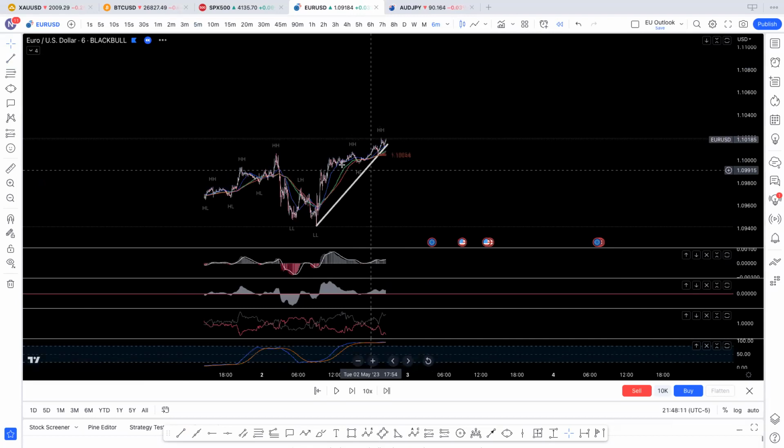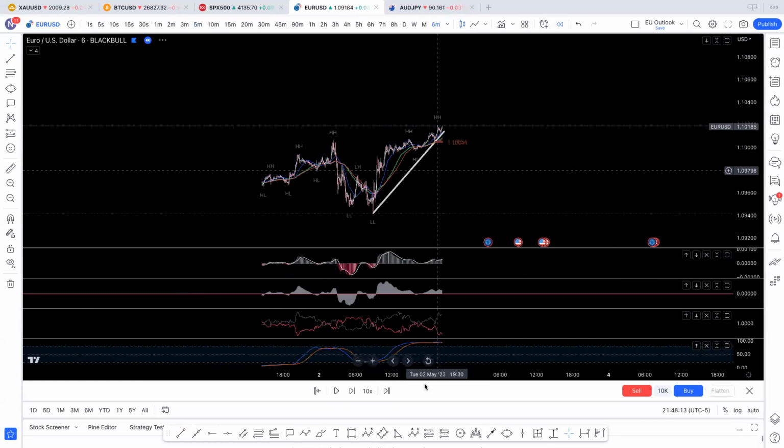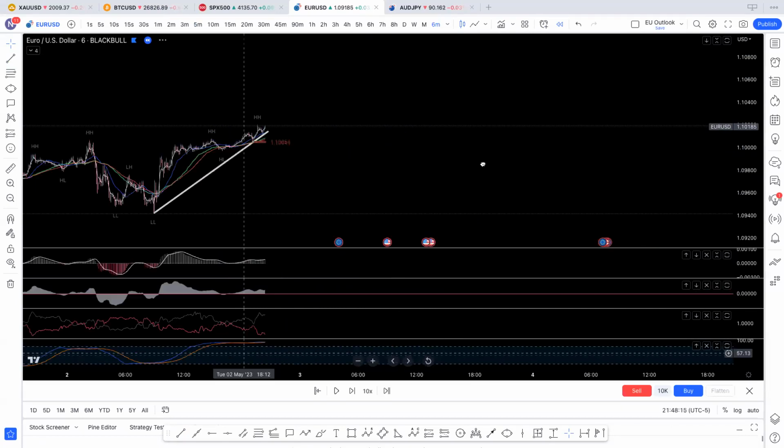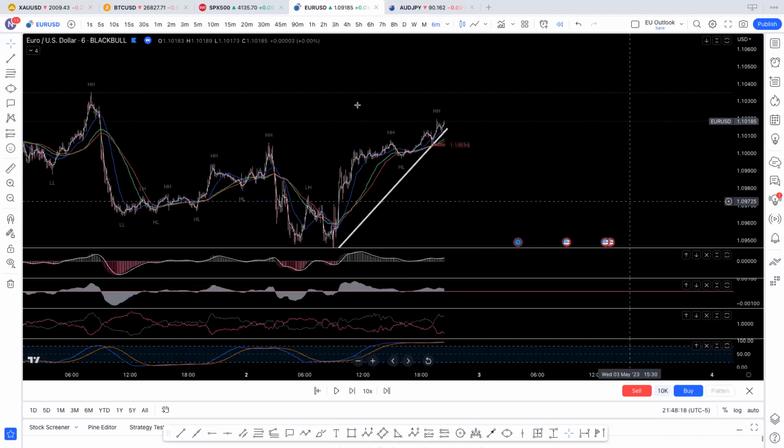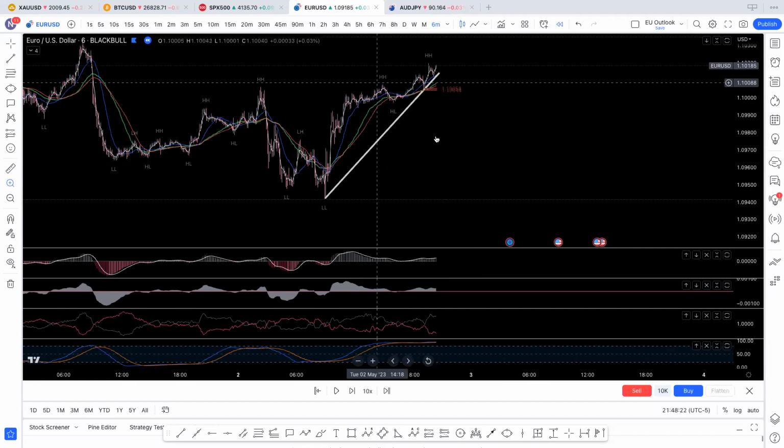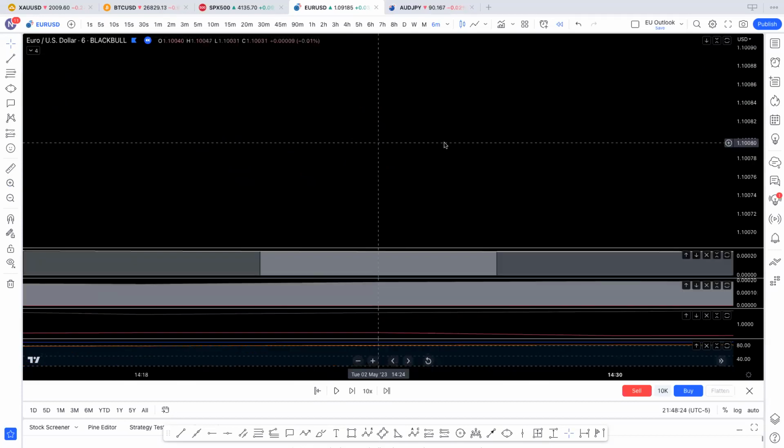All right, and my 50 moving average on the 5 minute time frame has appeared. Oh, what happened?